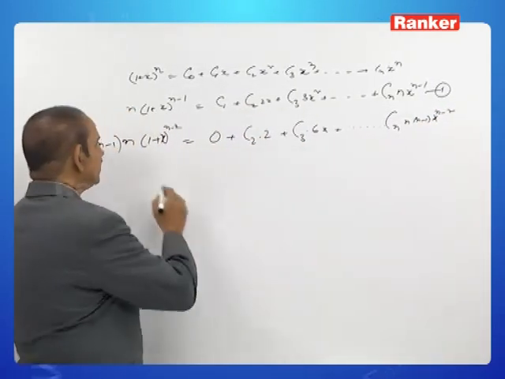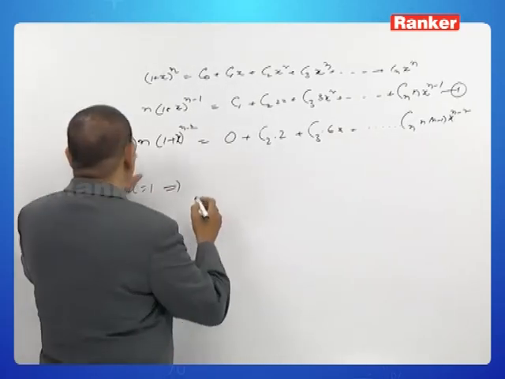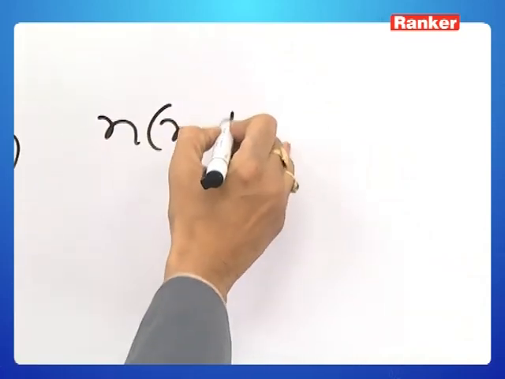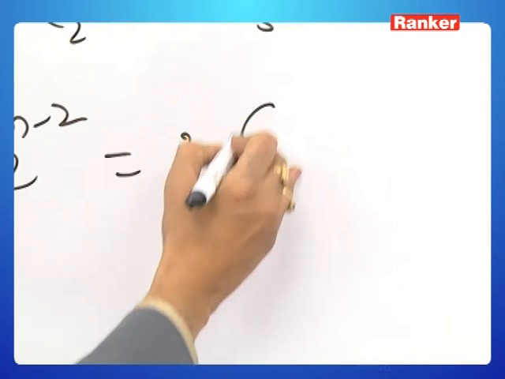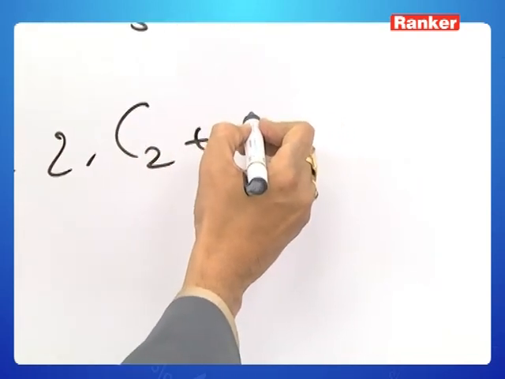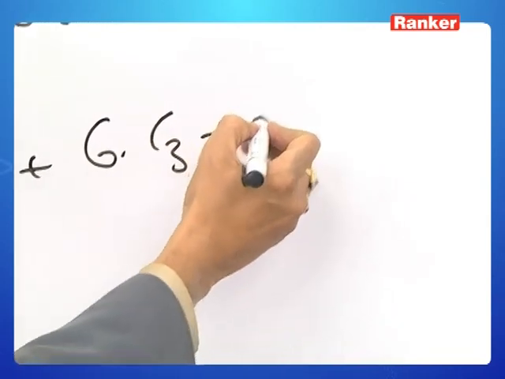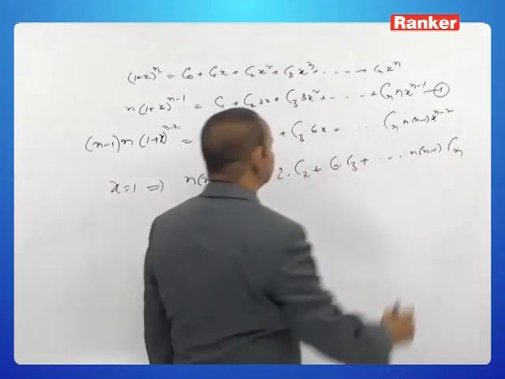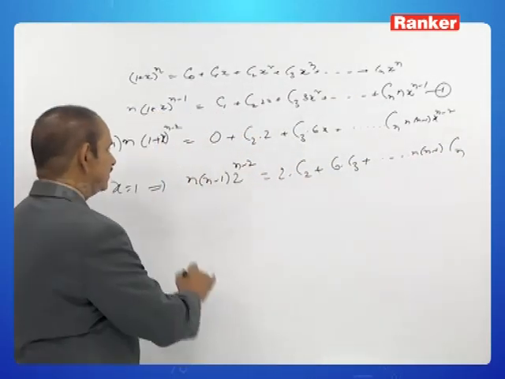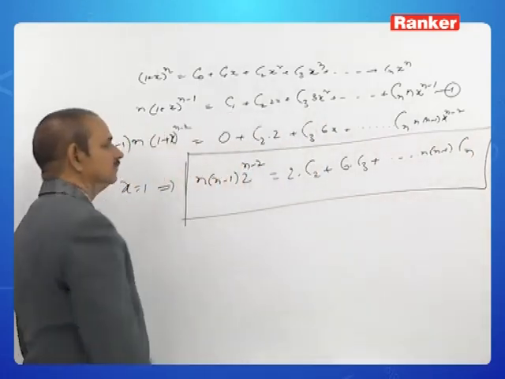If you take x is equal to 1 here, what is going to happen? n into (n minus 1) into 2 power n minus 2 is equal to 2 into C2 plus 6 into C3 plus etc., n into (n minus 1) into Cn. Therefore, this is the next result we have.